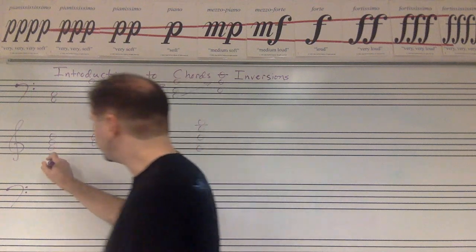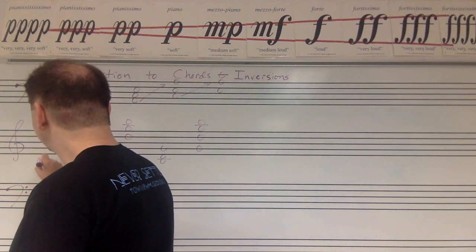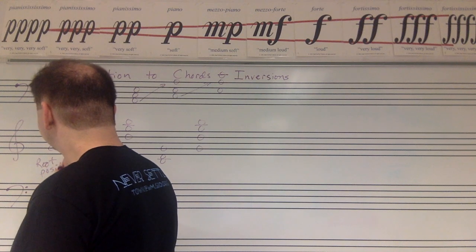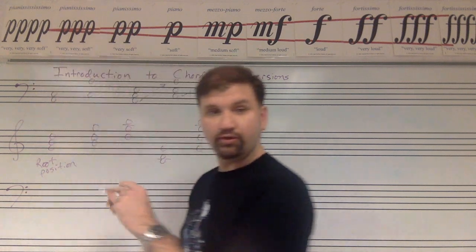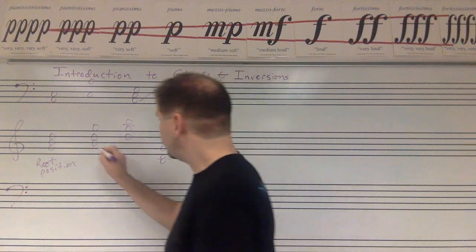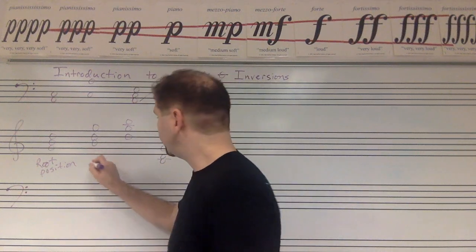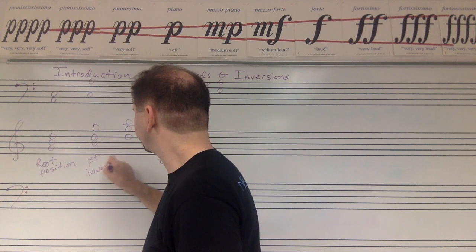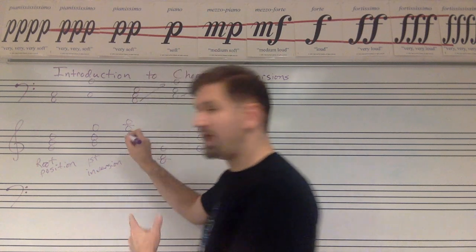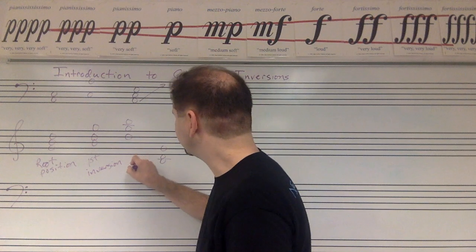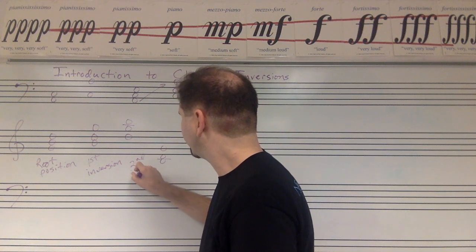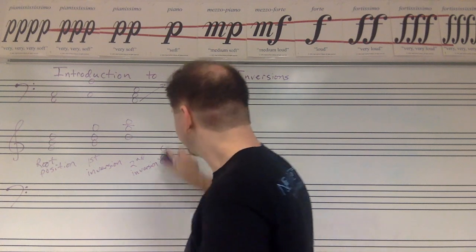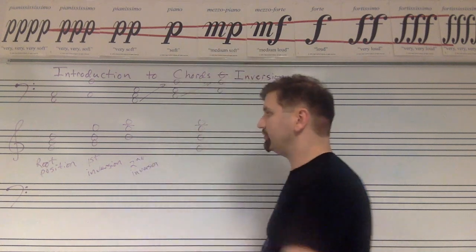And to reiterate, this is called root position, where the root of the chord is on bottom. If we have the third of the chord, the middle note, this is called first inversion. And this is called second inversion, where we have the fifth of the chord on bottom.